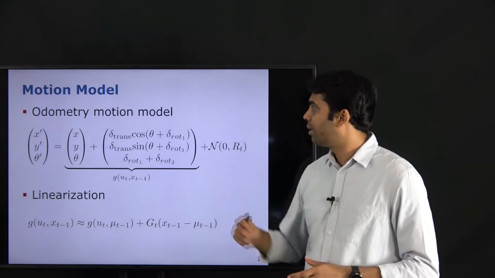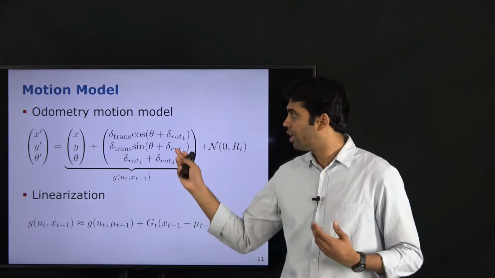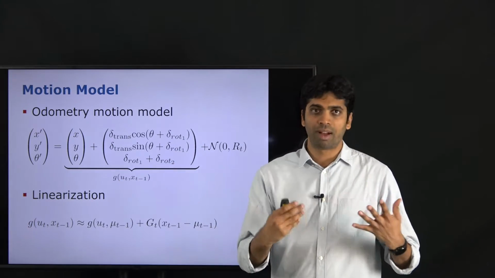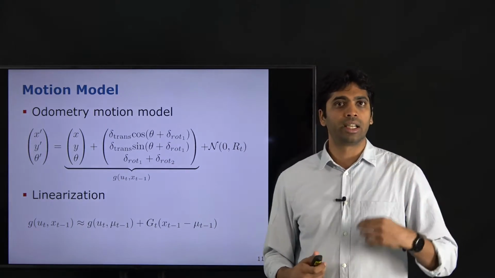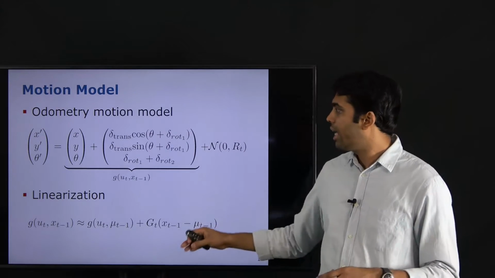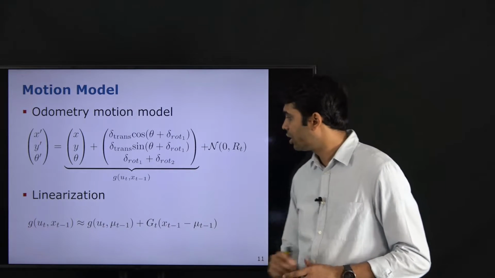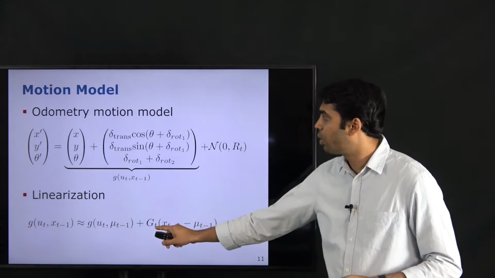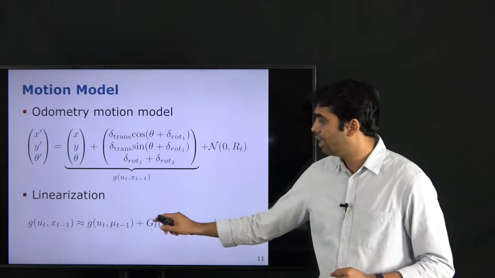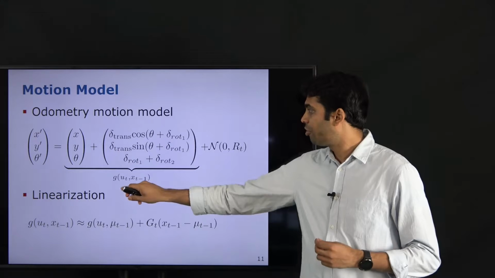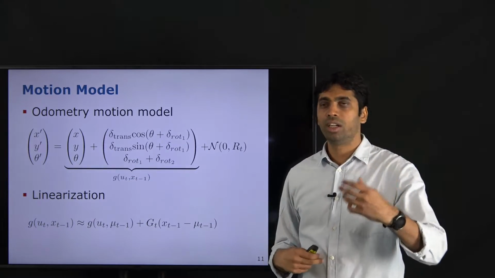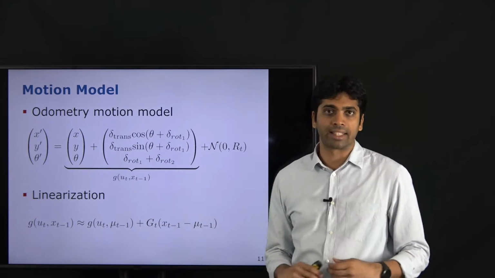And then the question becomes, if we have nonlinear motion models, we must linearize them in order to use our extended Kalman filter framework. And here we show the linearization, for example, with respect to our state. So this GT here is the Jacobian of small g, so the nonlinear model, with respect to your state x.